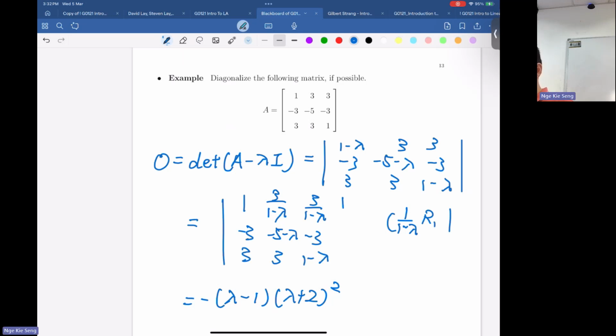But if we do this, what's the effect on the new determinant? What's the effect if you scale the row? You also scale the determinant. Do you scale the determinant by the same factor or not? If you cannot remember, please go and check.